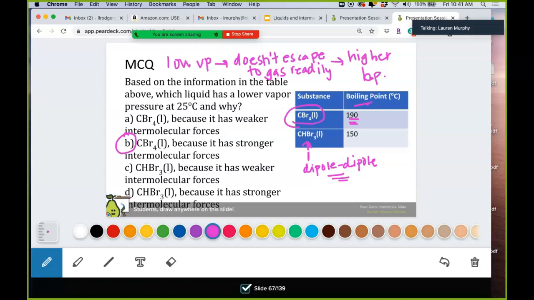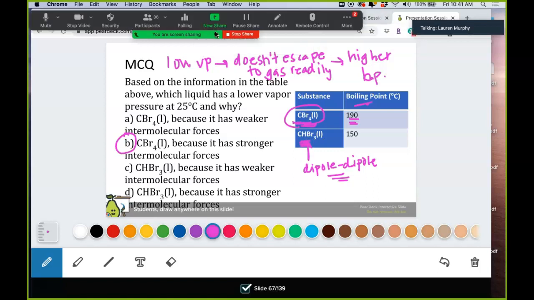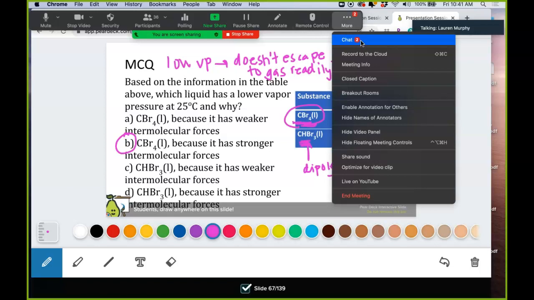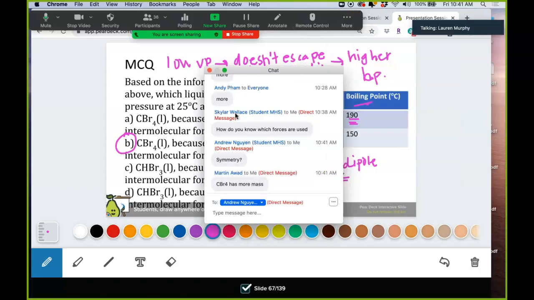So it's very apparent that by doing that, the dispersion forces in this guy are much greater than when you didn't have all 4 of them as bromines. And so obviously the dispersion forces are stronger than any dipole-dipole forces in here. So the dispersion forces basically overpowered the fact that CHBr3 has dipole-dipole.